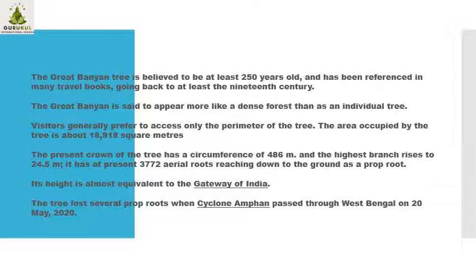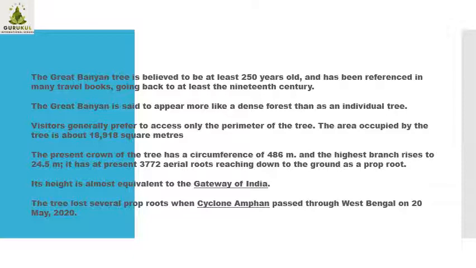The tree lost several prop roots when cyclone Amphan passed through West Bengal on 20th May 2020. It was a recent cyclone in West Bengal. Just now I said in West Bengal it's common to have cyclones.